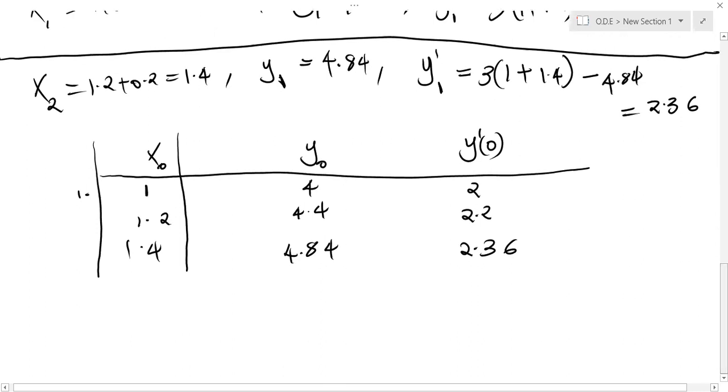So guys, can you continue filling the table for x values all the way up to 2? So having x value as 1.6, 1.8, 2.0. So what are we going to have for the values of y naught and y prime naught?